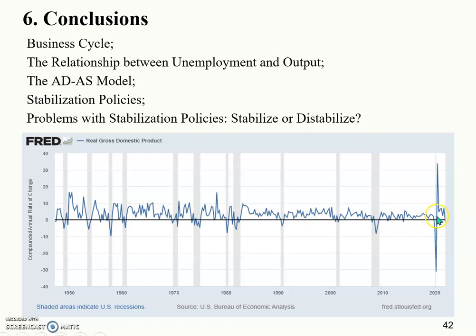Of course, the pandemic is an exception. It beats everything else. But remember, the pandemic is more of a public health crisis than an economic crisis. So if we could ignore this one, then the evidence seems to be supportive of the Keynesian stabilization policy.